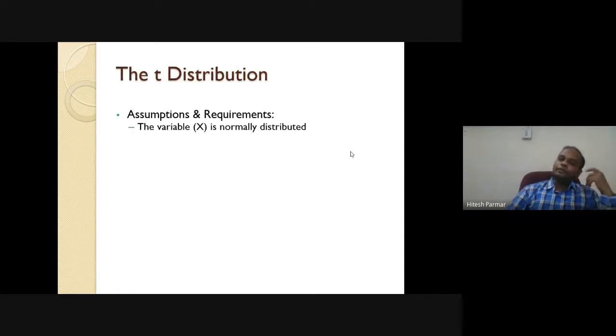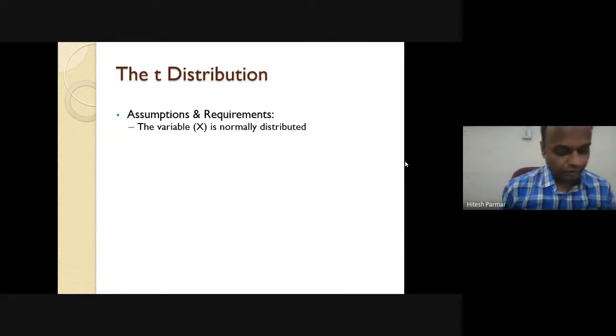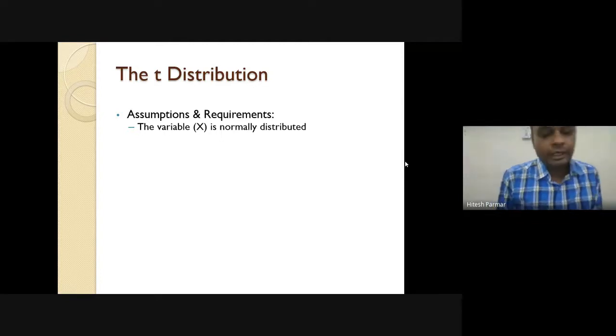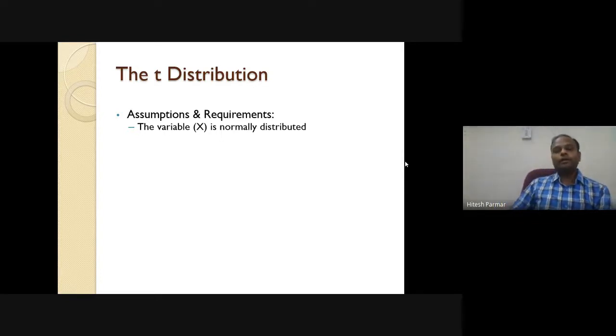Now, what are the assumptions and requirements of the t distribution? The first one is that the variable x is normally distributed. This is the assumption. Just a few minutes before we talked about how whenever the sample size is less than 30, it was not following the normal distribution. Then how can we assume normality here in the t-test? So there is a concept of the z-test. The majority of you are aware of the z-test.